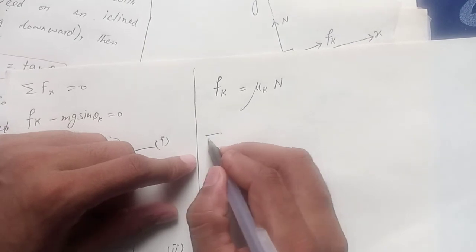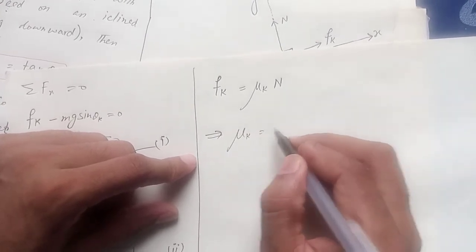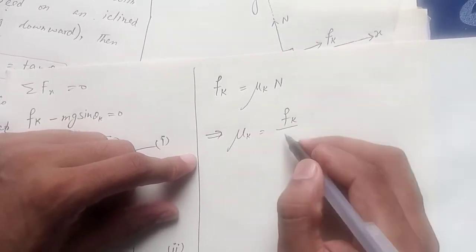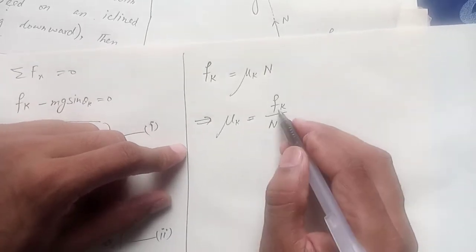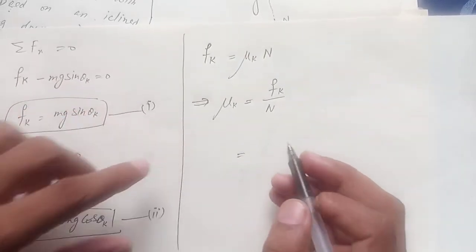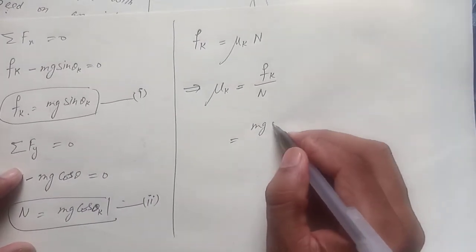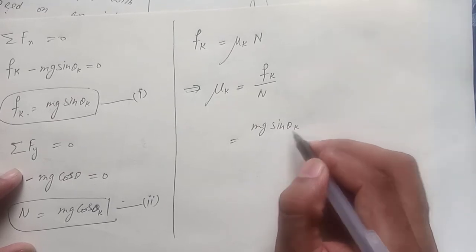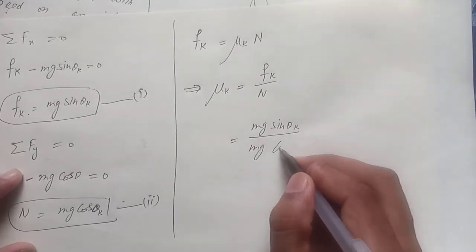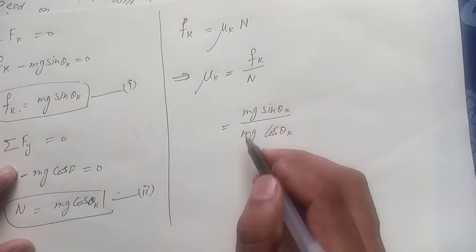And we can find mu k from here as the ratio of Fk, kinetic friction, over n. From equations 1 and 2, putting the values of Fk and n, we get mg sin theta over mg cos theta.